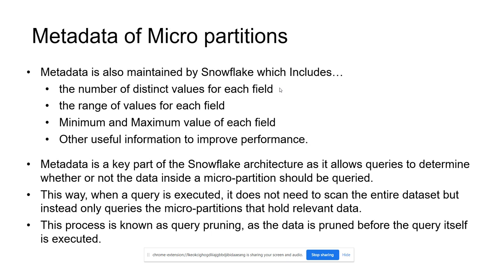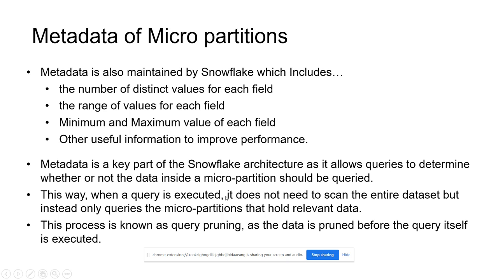So whenever we run the query, it will not scan all the 1000 micro partitions. It will scan only 500 micro partitions, because this metadata is clearly saying that only 500 out of 1000 micro partitions have country equals India. So that is how it will improve the performance. The metadata of micro partitioning will improve the query performance a lot.